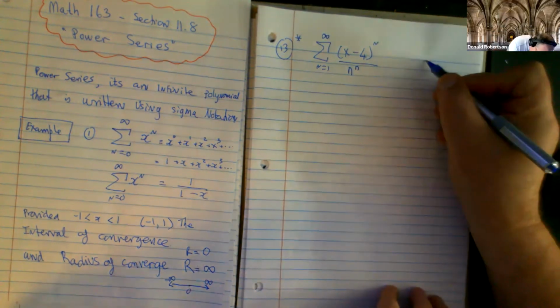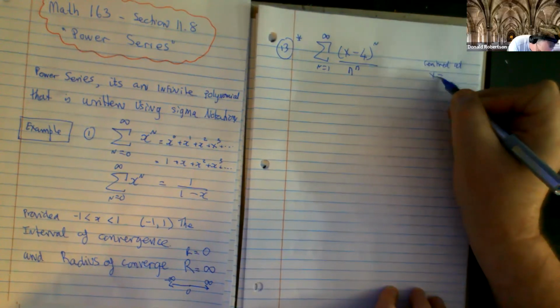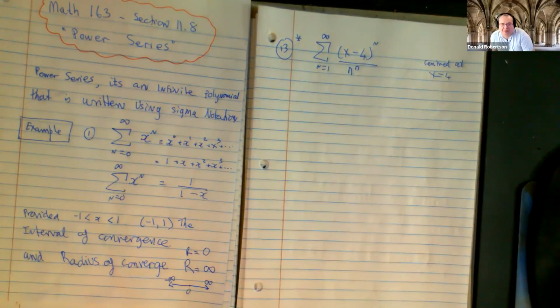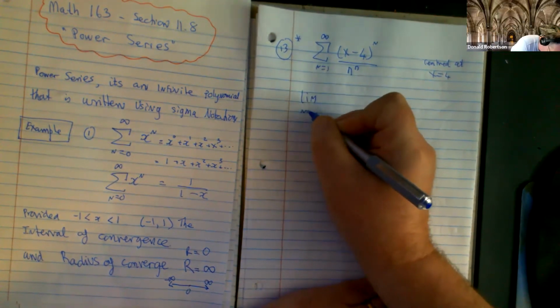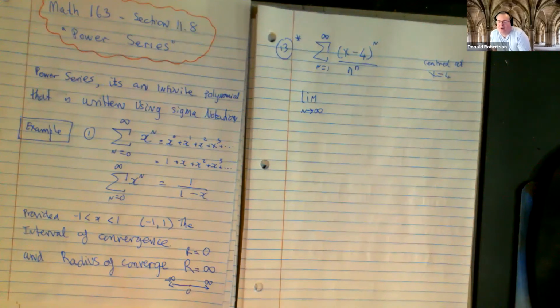Would you agree that it's centered at 4? Can you tell? Centered at 4. Right. Now, I am not going to do the ratio test, although 99% of the time I will, but not this time.